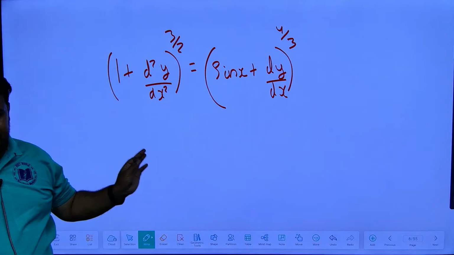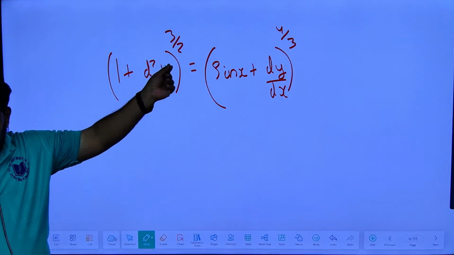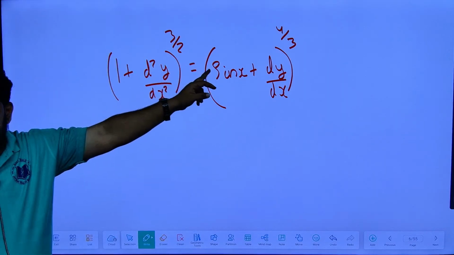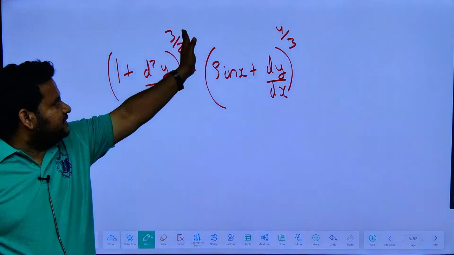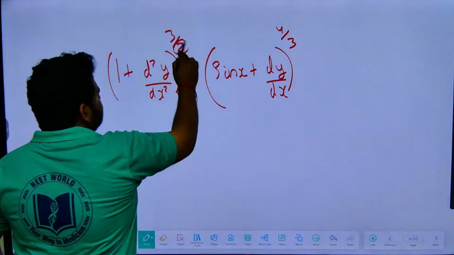But should you leave it like that? No. You should modify that to bring the degree into a natural number. The denominator is 2 here, and 3 here. So for 3 and 2, the LCM is 6. Multiply this with 6 and multiply that with 6. Here it is 2 and here it is 3.